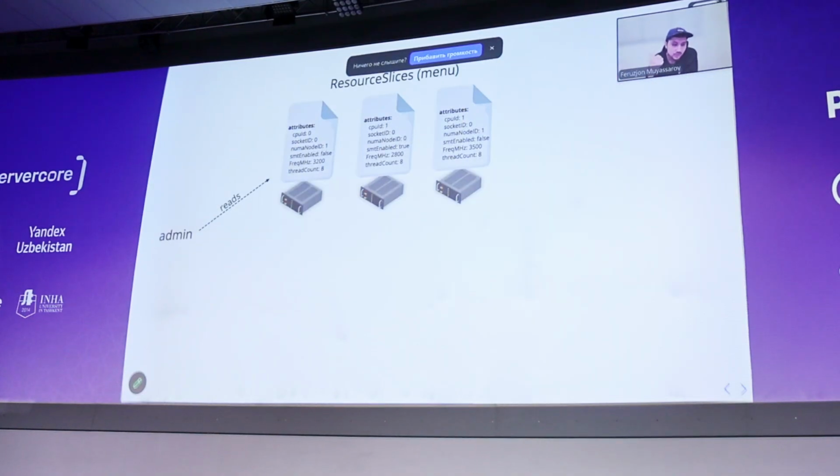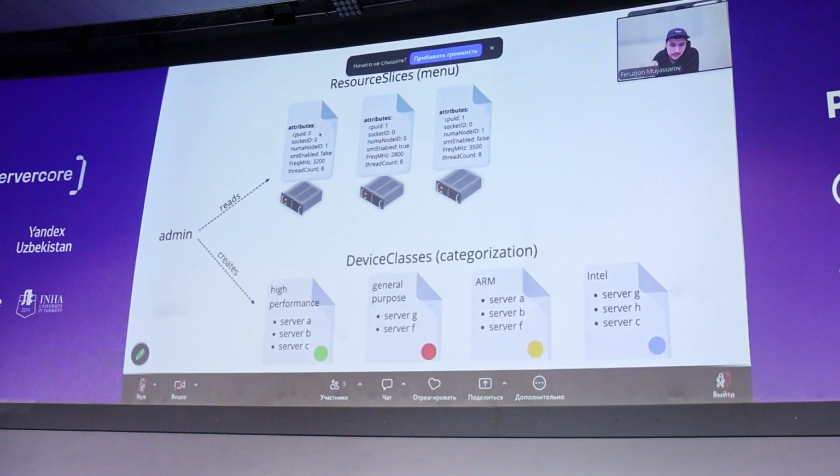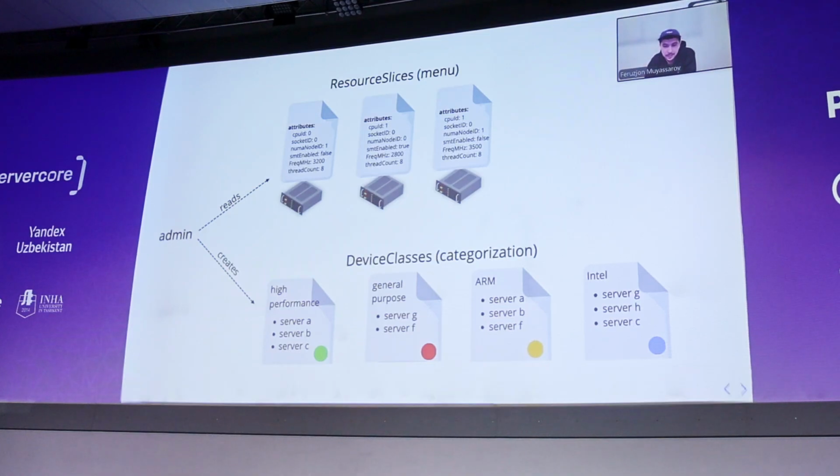So just to recap, as an admin, we installed the driver. The driver automatically created the resource slices for us for every single node that we have on our cluster. It found all the information that it needs, and then it populated the attributes, for example. The next thing an admin could do, but is not forced to do, it's optional, is create another object called device classes.